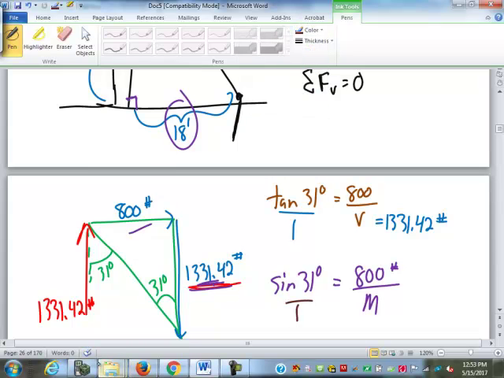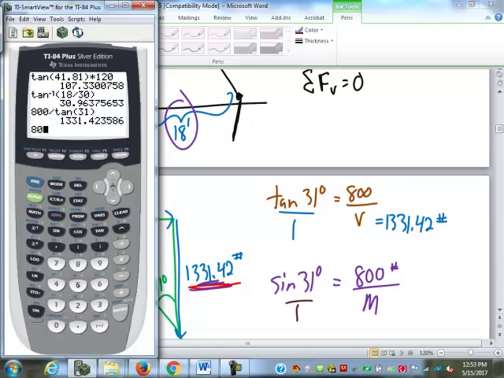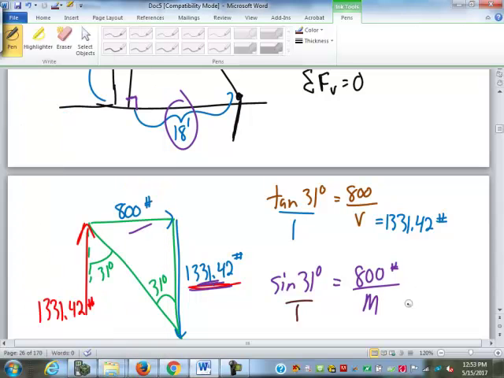So 1 times 800 is 800 divided by the sine of 31. 1553.28. So that cable has to be able to hold a minimum of 1,553.28 pounds.